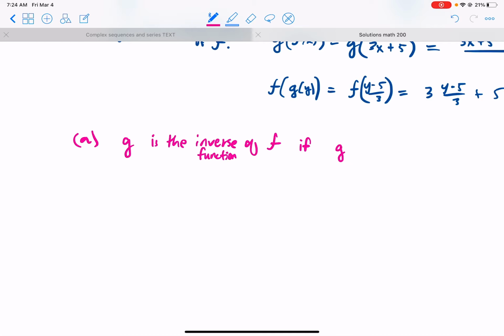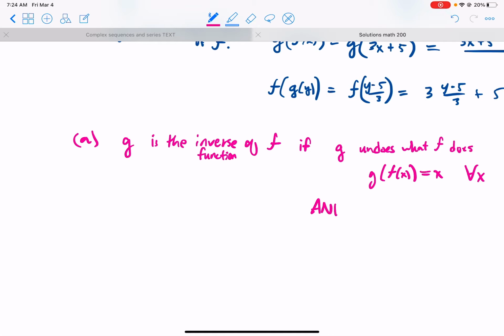If g undoes what f does. So that's in words; as a formula, g of f of x equals x, and it has to be for all x. Really, everything that f does has to be undone by g.